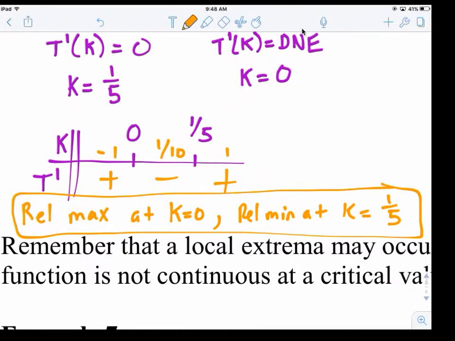Yeah, I mean, you can put some justification in there, but yeah, we're done.